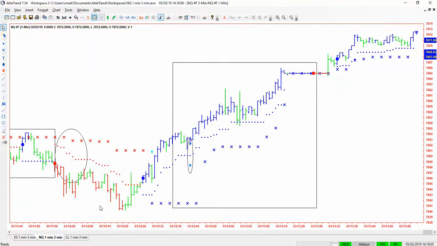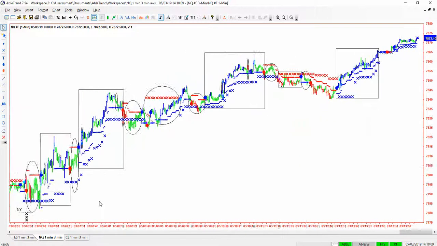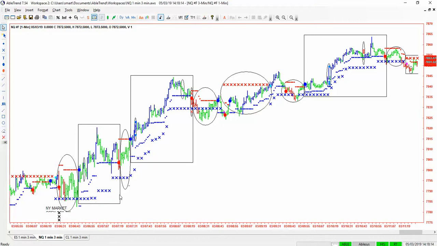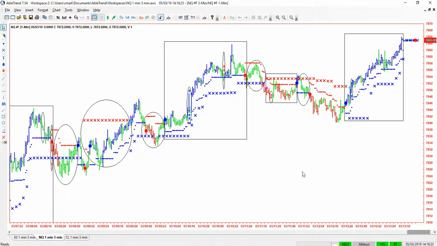The NQ, no trade zones, 1, 2, 3, 4, 5, 6, 7.